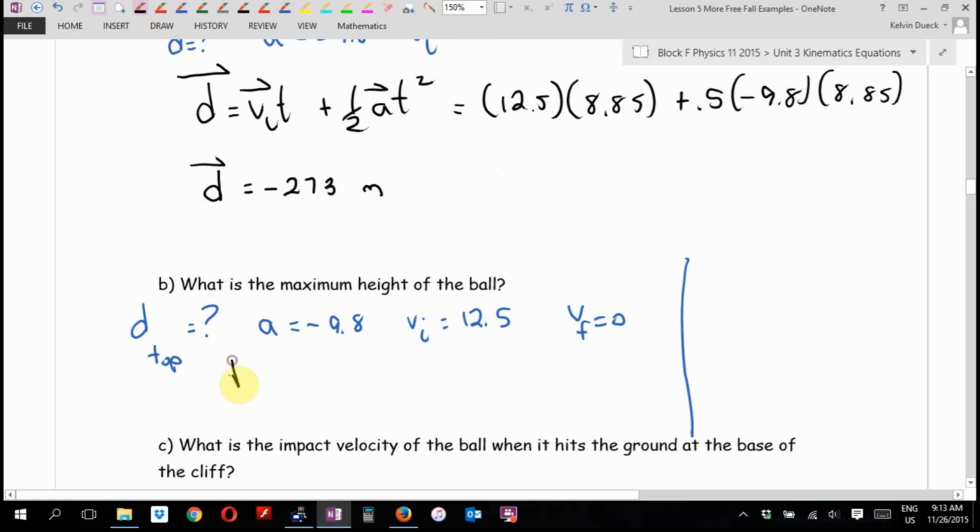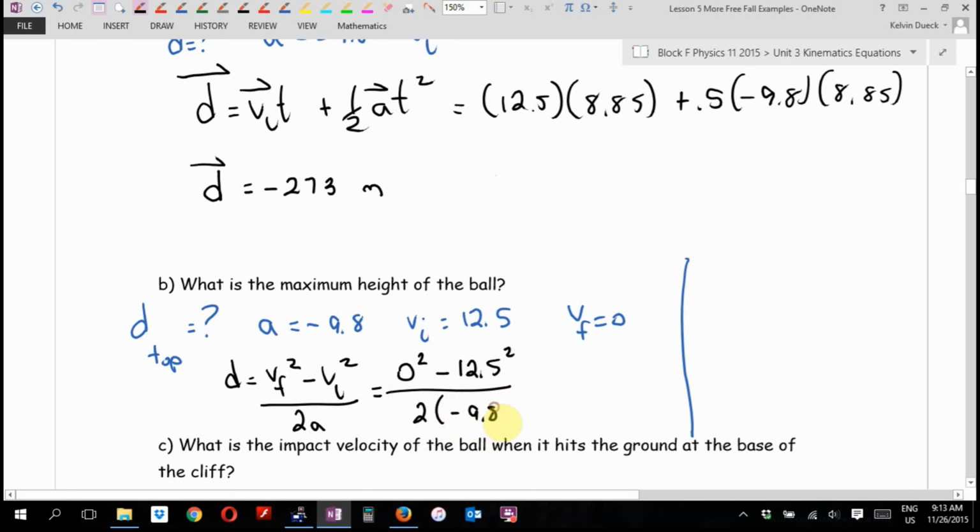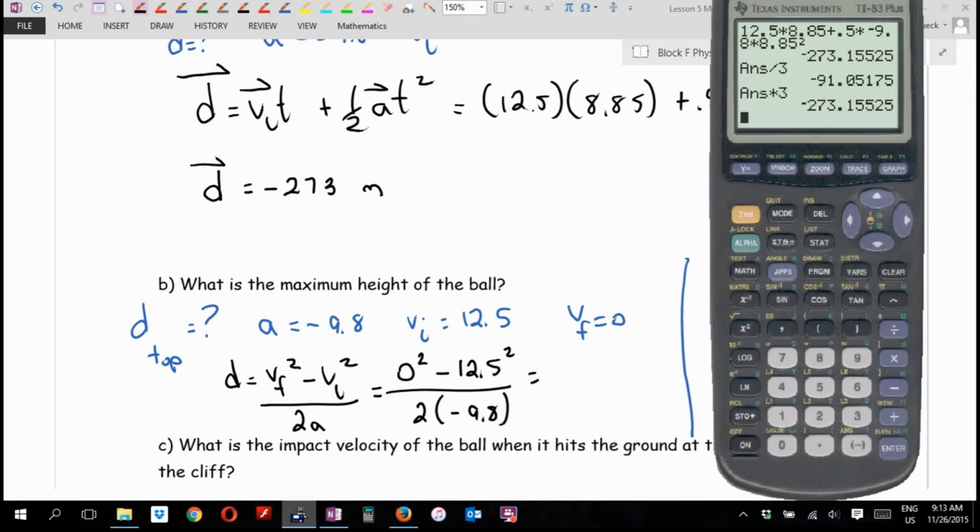Although you argued it was D equals VF squared minus VI squared all over 2A. 0 squared minus 12.5 squared all over 2 times negative 9.8. That gives 7.97. I'll write 7.97.